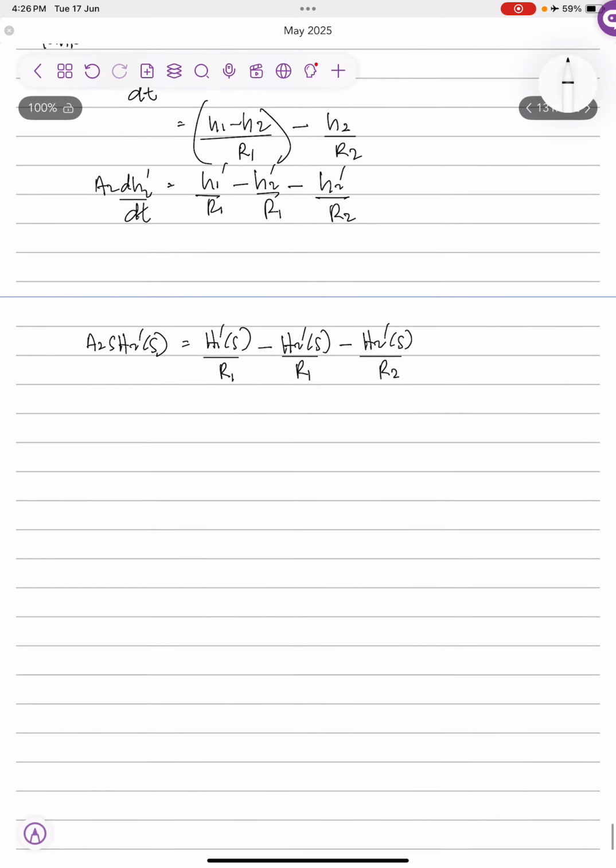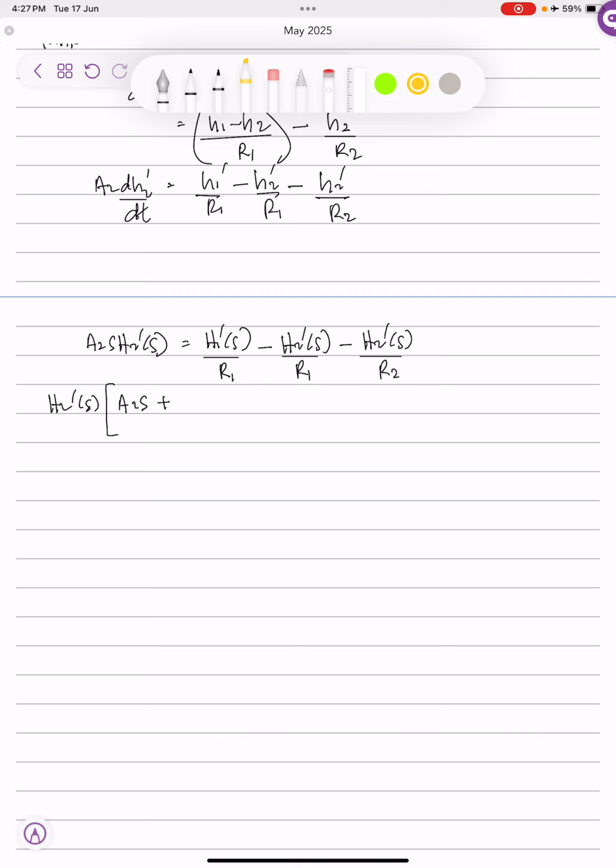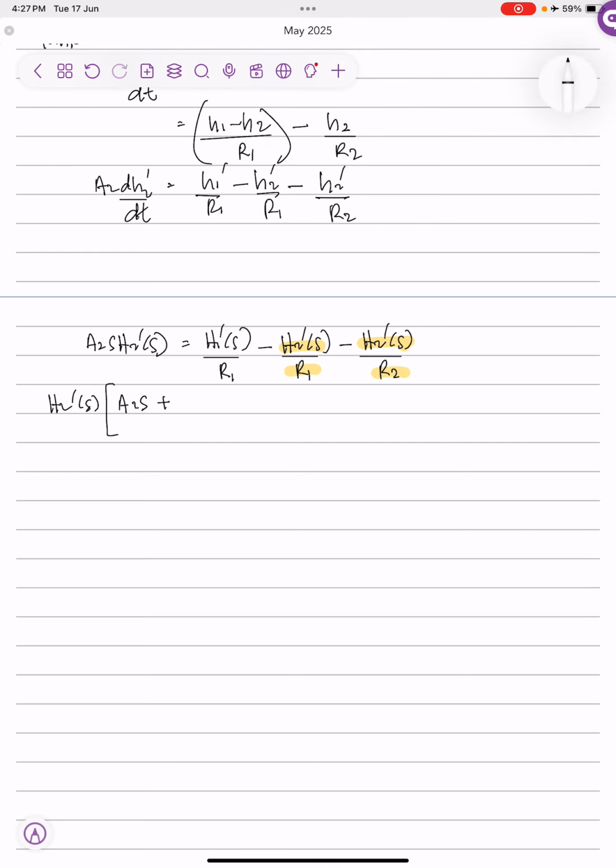And then we group all the H2'(s) together and leave H1'(s) at one side. We have (A2 s plus 1/R1 plus 1/R2) H2'(s) equals H1'(s)/R1.